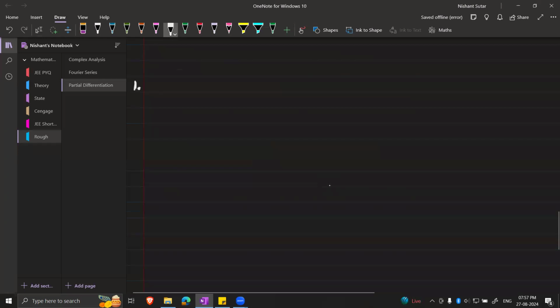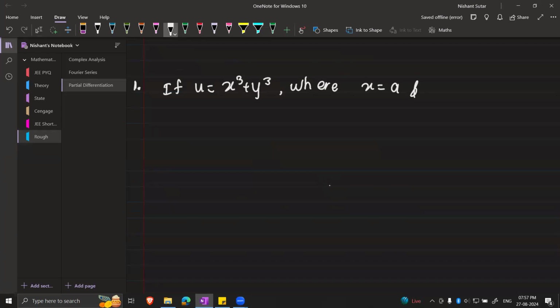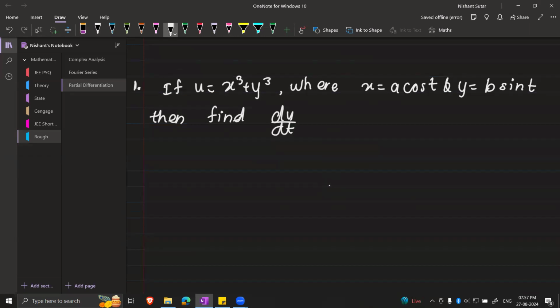So question number 1, if u is equal to x cube plus y cube, where x is equal to a cos t, and y is equal to b sin t, then find du by dt and verify.